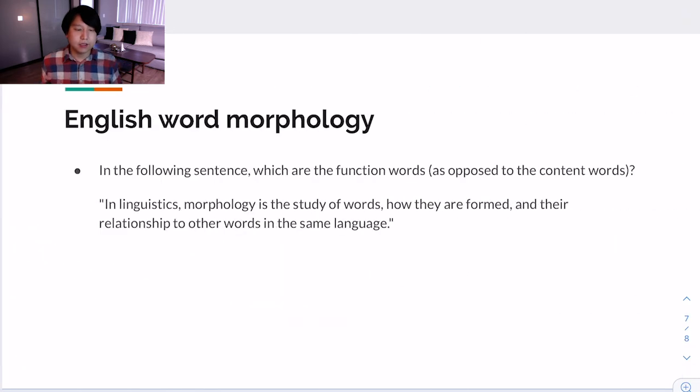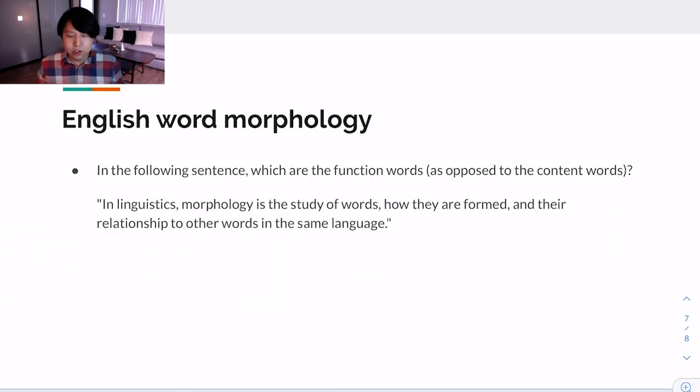Let's move on. In the following sentence, which are the function words as opposed to content words? Let's find the function words, which do not have lexical meaning. In linguistics, linguistics is not a function word because it has meaning. Morphology is the study of words, how they are formed and their relationship to other words in the same language.